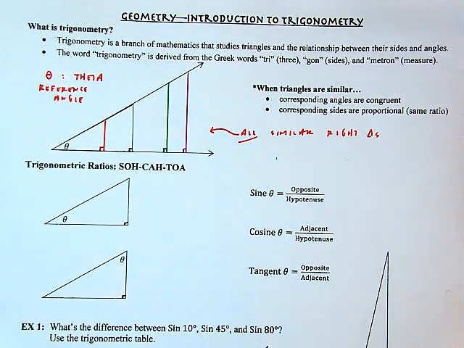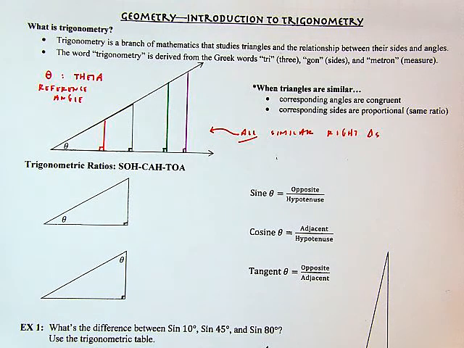Okay, so again, all of the corresponding angles would match perfectly. They'd be congruent, but not the sides. The sides would be proportional. They'd have the same ratio. So this is what we build off of when we move into trigonometric ratios or trig ratios.